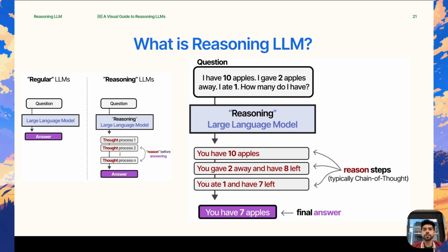For the thought process to make sense, it should follow a logical structure, typically a sequence of clear steps leading to a solution. Humans do this naturally, and we want reasoning LLMs to do the same. As you can see from the example on the screen, the information from the math problem is broken down into logical steps to arrive at the final answer. Technically, this structured thought process is called chain of thoughts.